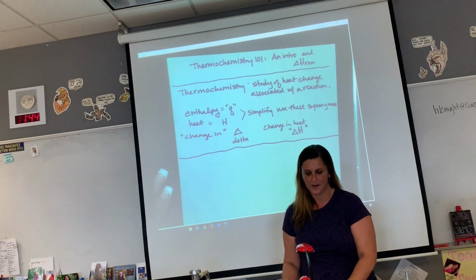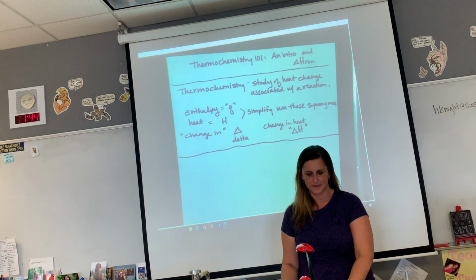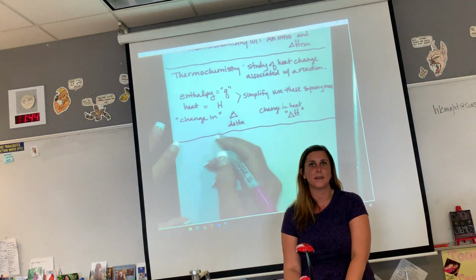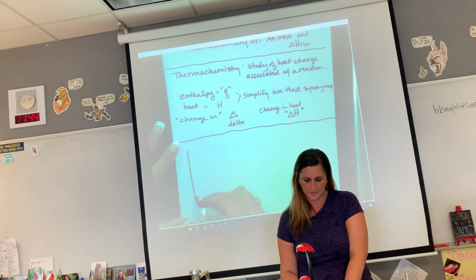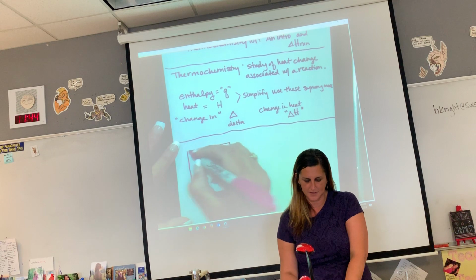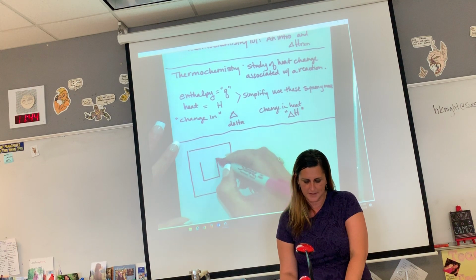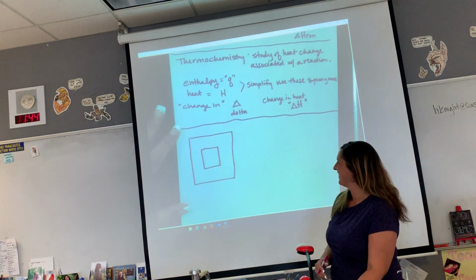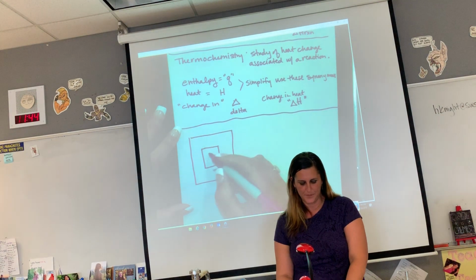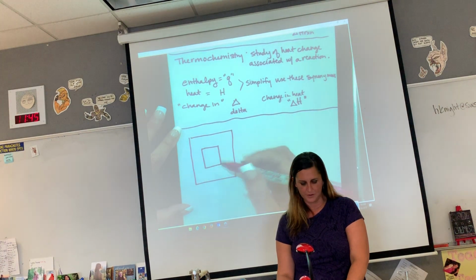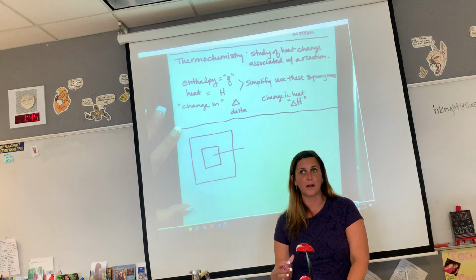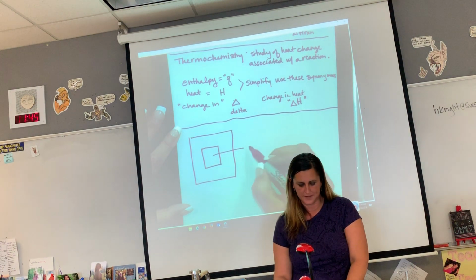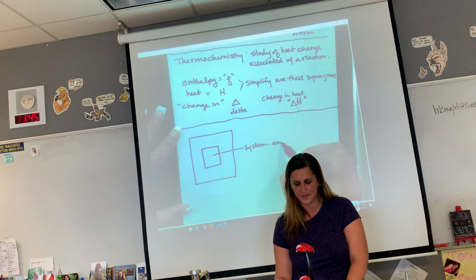Okay, so our second idea on this little section of notes is the concept of system and surroundings. And so what I'm going to draw here is just a box inside another box. And what I want to show you is that the central box would represent what we call a system. And a system is anything we're interested in studying.